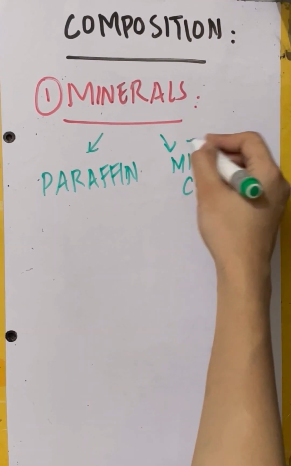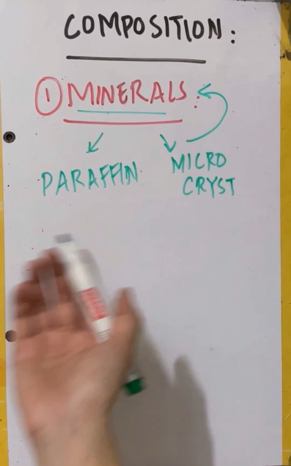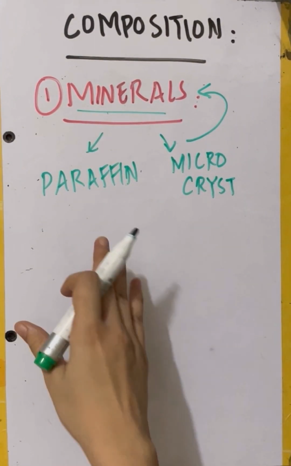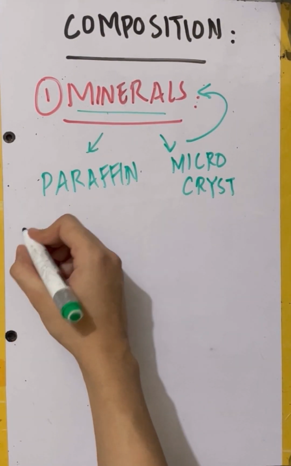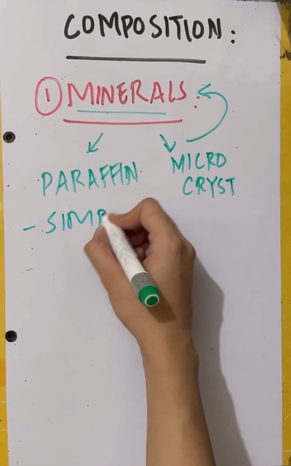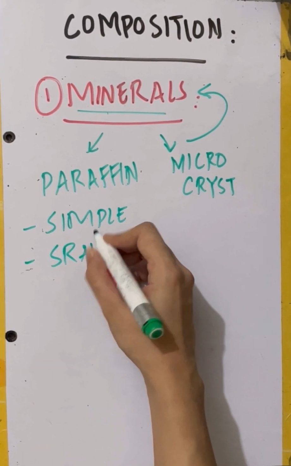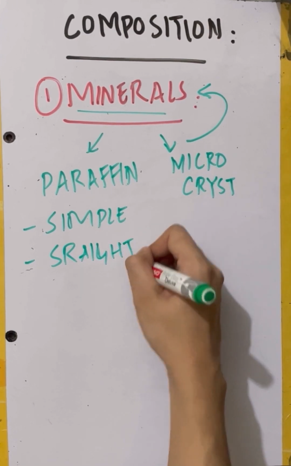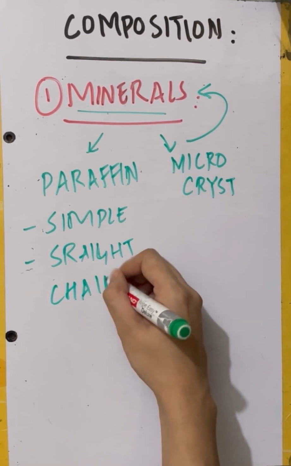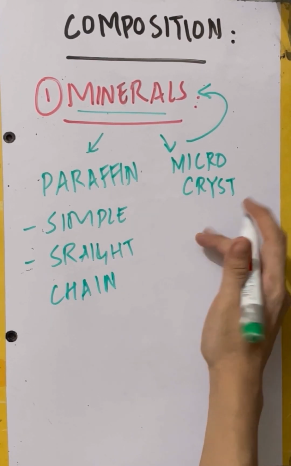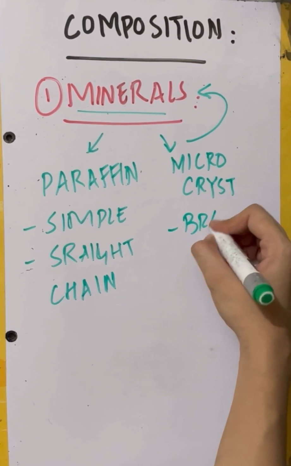Both waxes come from minerals, and minerals are the petroleum residues. So first, the paraffin wax. Paraffin wax is a simple, straight chain of hydrocarbon, while the microcrystalline is not straight, it is a branched chain of hydrocarbon.